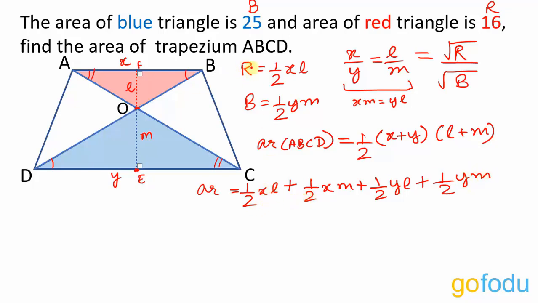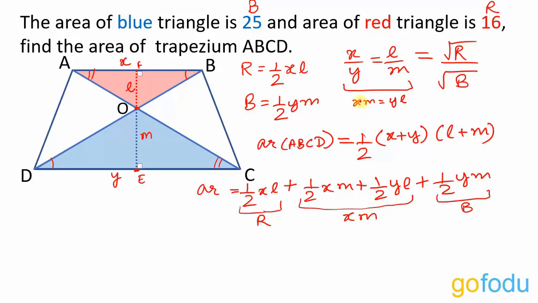Half XL is nothing but R, and half YM is nothing but B. So in place of these I can write R and B, and XM is equal to YL. So half XM plus half YL will give us one full XM.